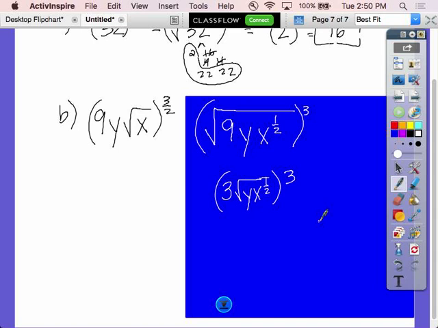Okay, so how do we get a completely different answer? Here we go. What is 3 to the third? 3 raised to the third power is 27. Now, the square root of y means y to the 1/2. But we're raising it to the third power, so it's 3/2. I'm going to throw in an extra step.